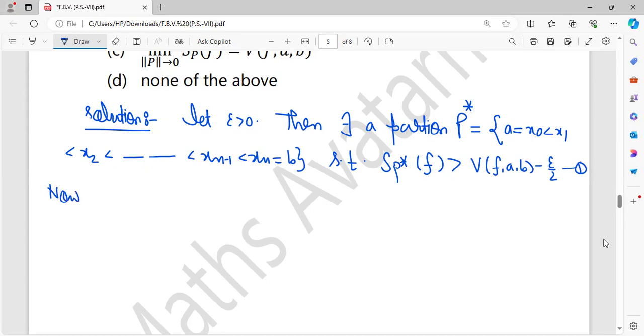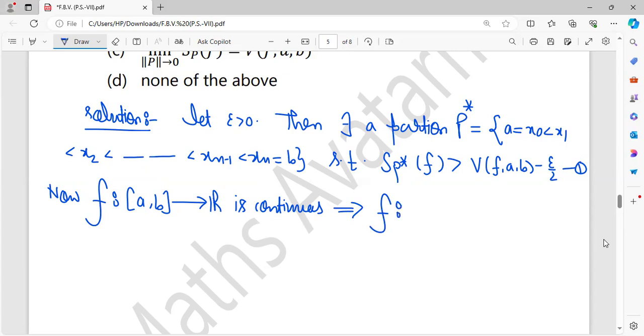Now f from closed interval [a,b] to R is continuous, and every continuous function is uniformly continuous on closed interval [a,b].